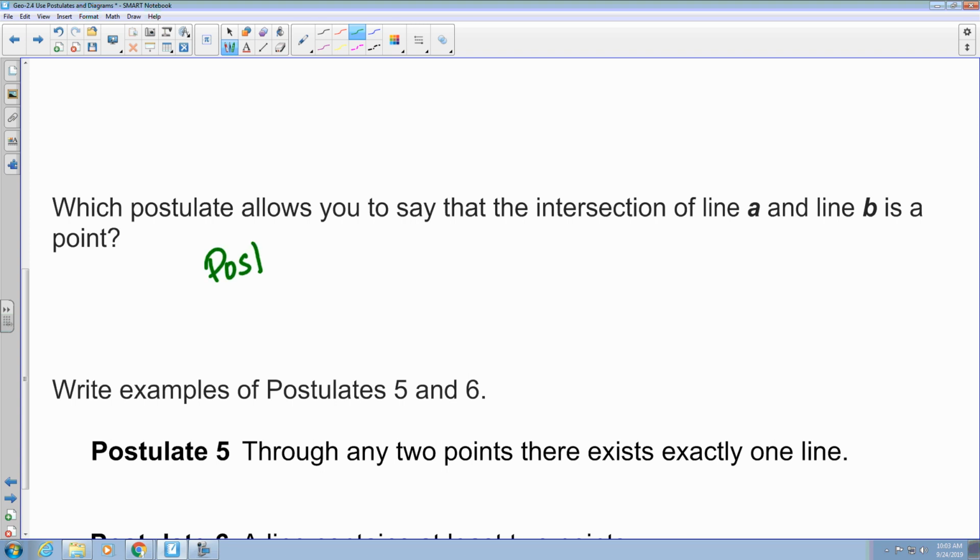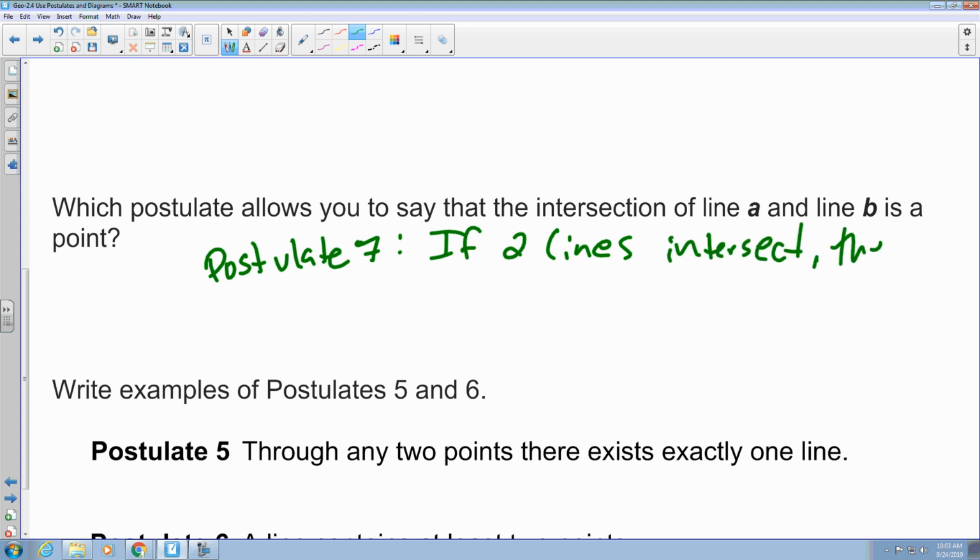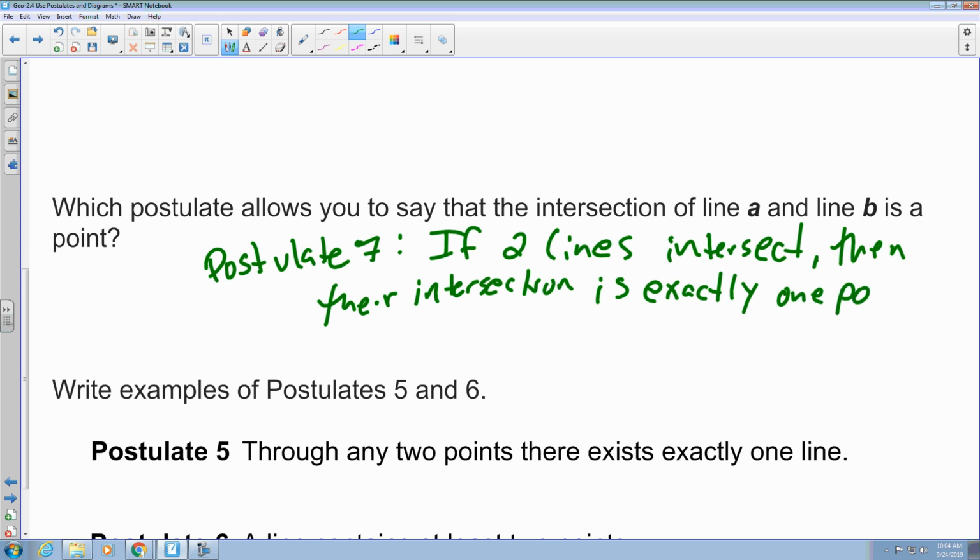Postulate 7 states that if two lines intersect, then their intersection is exactly one point. So postulate 7 helps us with that.